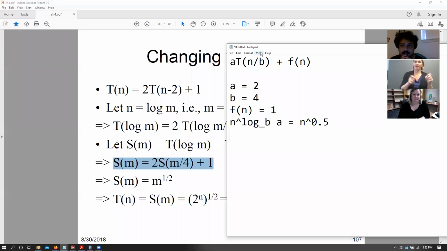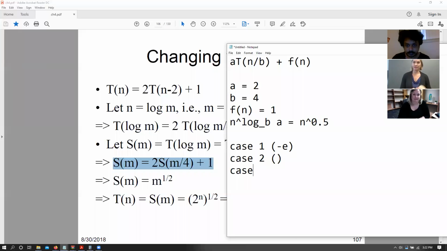So which case applies here? Case 1, case 2, or case 3? Case 1. Remember, case 1 requires that we subtract epsilon from it, right? Case 2 requires that we do not subtract anything.